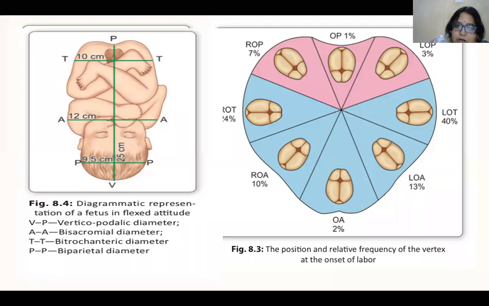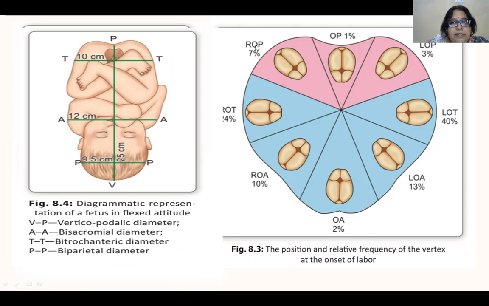If the occiput is occupying anteriorly, that is if it is present below the symphysis pubis, it is called occipito-anterior. If the occiput is occupying the posterior position, that is the hollow of the sacrum, it is called occipito-posterior position. In this occipito-anterior also, the occiput can be towards the right. There are other positions like right occipito-anterior and left occipito-anterior position.